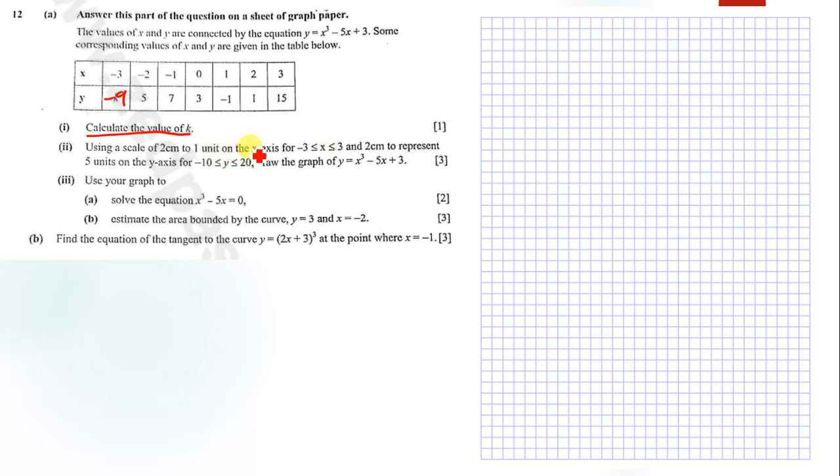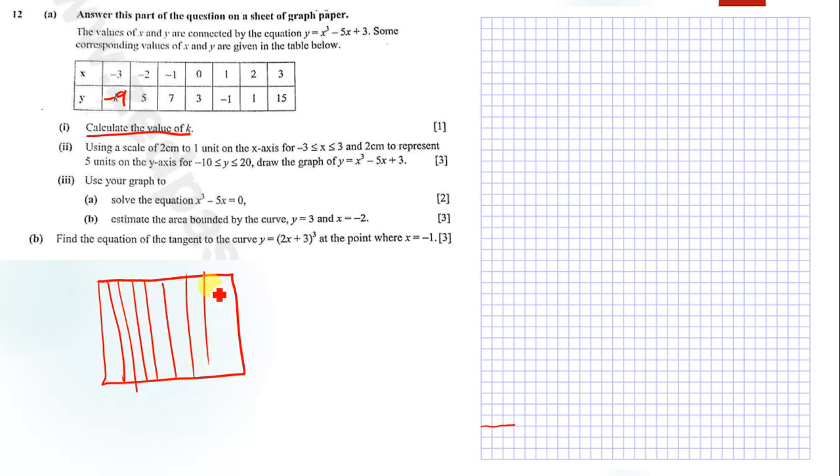So they're saying 2 centimeters, meaning one box. I'll take 3 boxes to represent one box according to the standard. Okay, the standard graph paper has these kinds of boxes. It will have one box, and this box will have about 10 smaller boxes inside there.